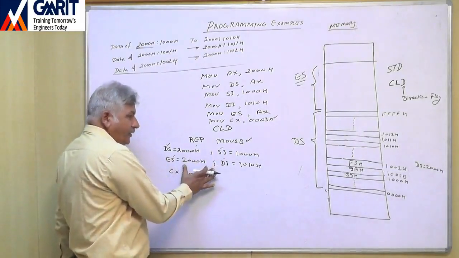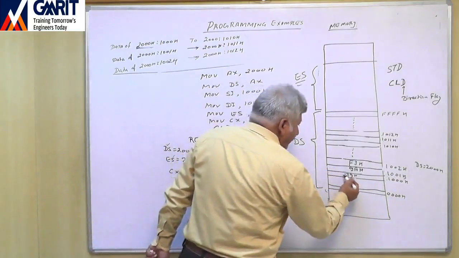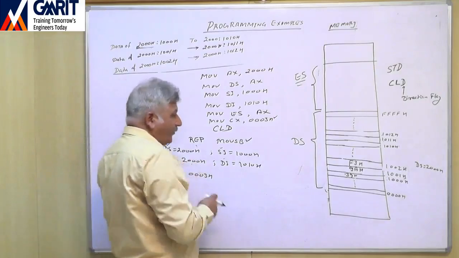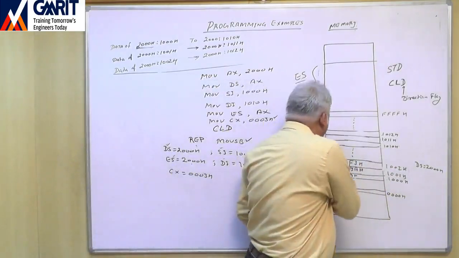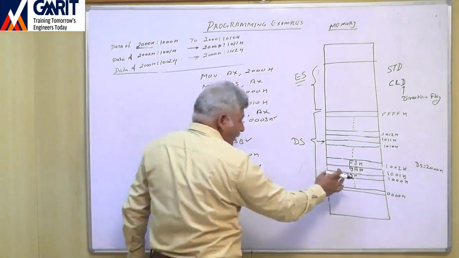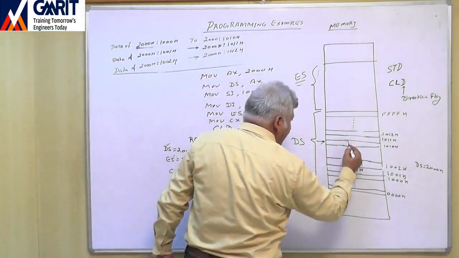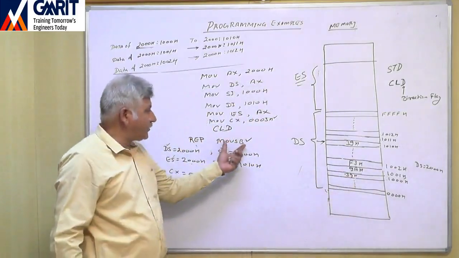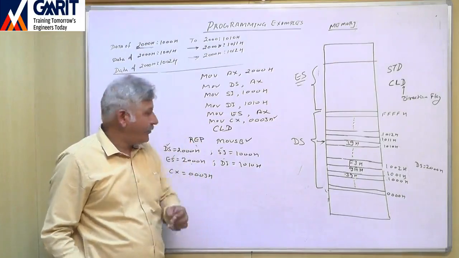Here in this case, since ES is also 2000, the physical address generated will be for this location only. So the first byte, that is 39, will be transferred when the move string byte instruction is executed the first time.